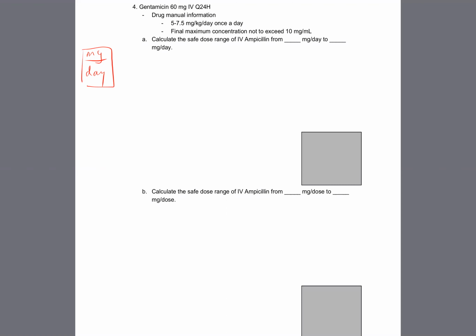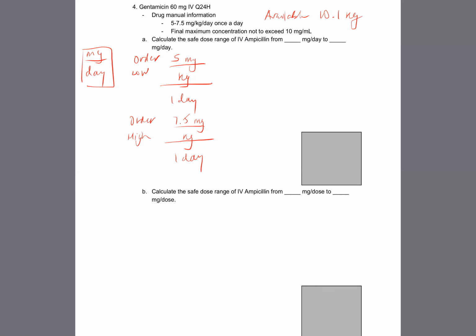And we have 2 orders. So our first order is going to be 5 milligrams per kilogram per 1 day. And that's our low. And we have another order, which is our high, is going to be 7.5 milligrams per kilogram per 1 day. And remember, what we have available is Grace's weight, 10.1 kilograms.